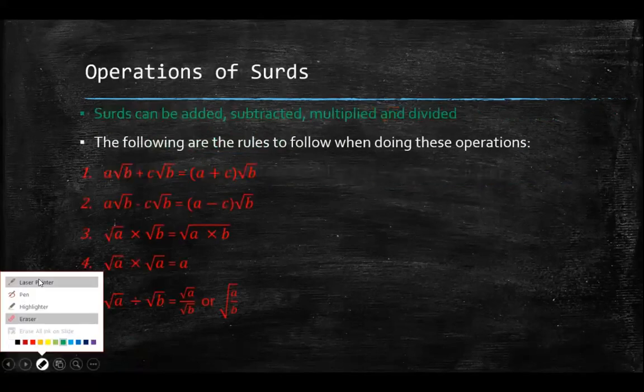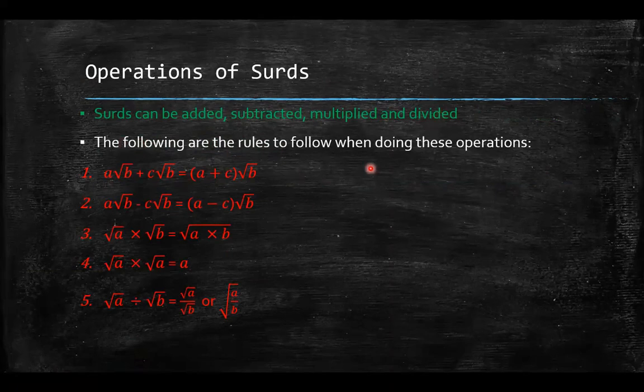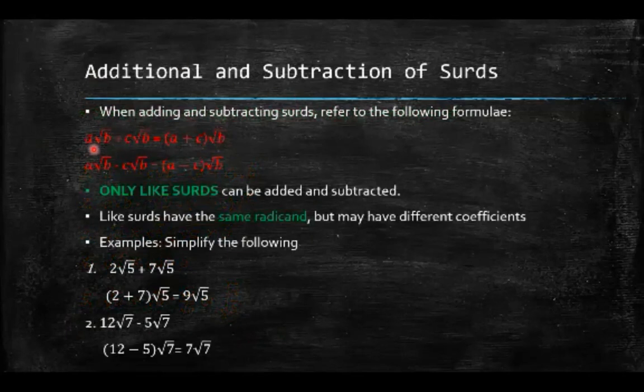So, operations of surds. Surds can be added, subtracted, multiplied, and divided. And these are the rules you'll follow when doing these operations. We'll go into detail just now, but these are the 5 you need to know, right? So let me continue and go through them.